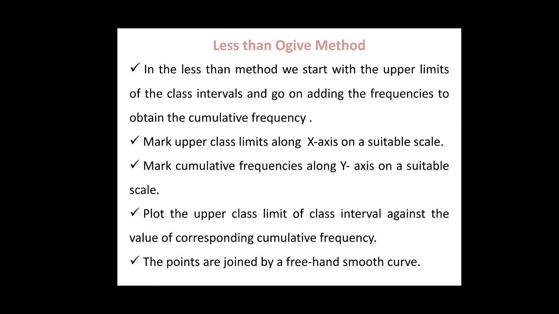The points are joined by a free and smooth curve. The curve so obtained is called a less than Ogive or less than cumulative frequency curve. Students, the less than Ogive is a rising curve which slopes upwards from left to right.